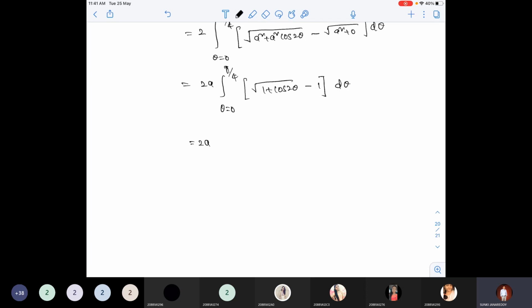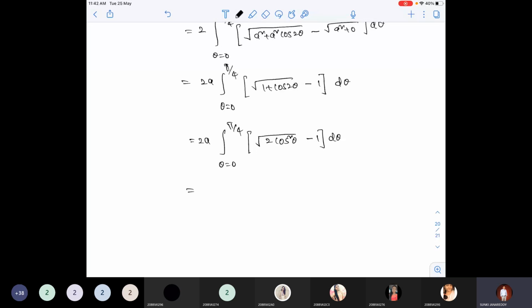Next, 2a into, what is the next one? What is the formula for under root 1 plus cos 2 theta? Tell me. 2 cos square theta. Very good. Here that is root 2 cos square theta, minus 1 into d theta.